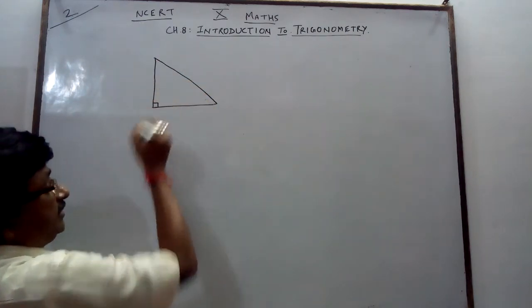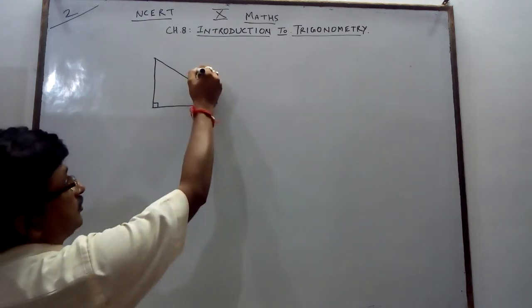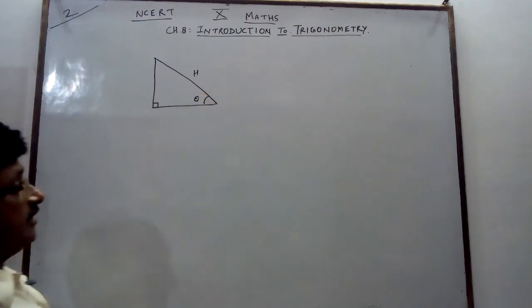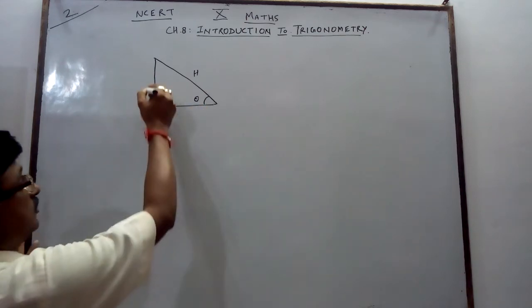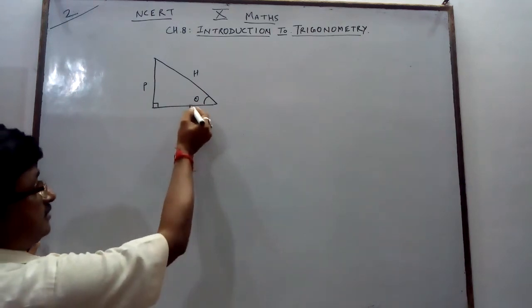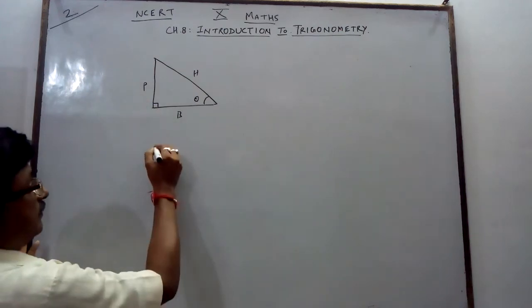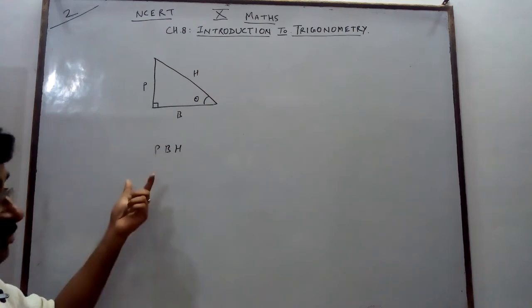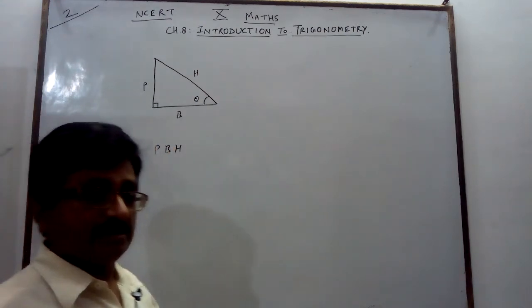In a right triangle, one angle is 90 degrees and the side opposite to it is always the hypotenuse. If you take one acute angle, there are two acute angles, then the opposite side of this acute angle is always called the perpendicular and the adjacent side is called the base. From the perpendicular, base and hypotenuse, any two side ratios with an angle give you the 6 trigonometric ratios.